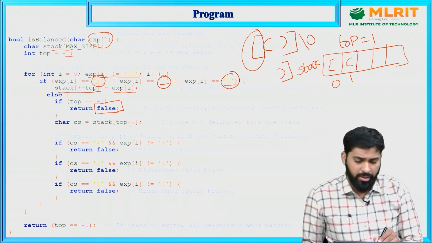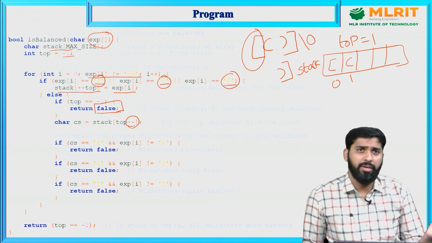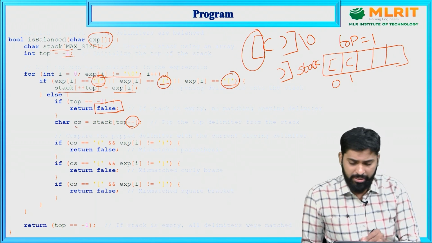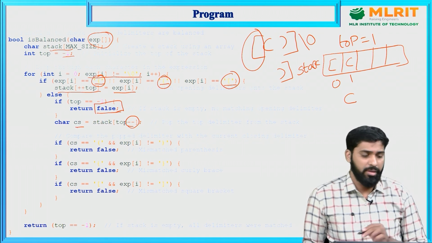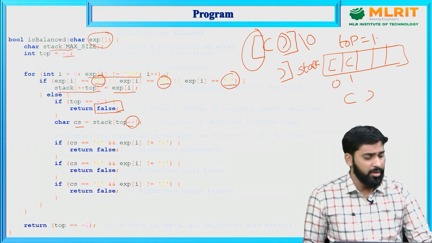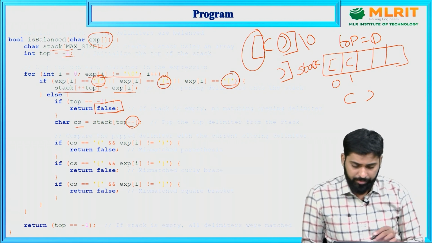This is post decrement. So, first we assign the value at top of 1 to variable CS. So, it is the opening normal bracket and the closing bracket. So, we compare these two. Okay. Then decrement the top value. So, it becomes 0.